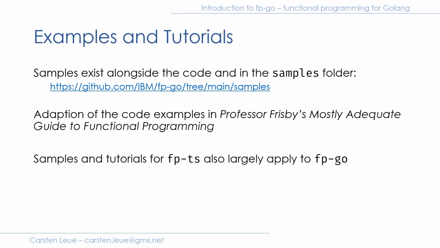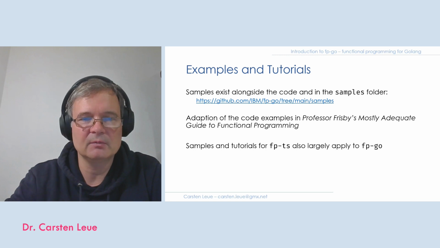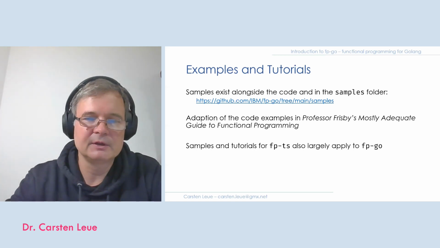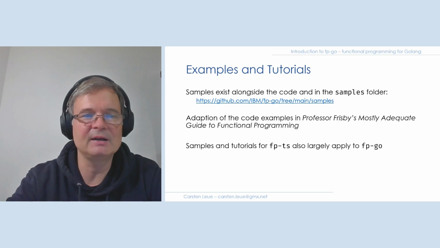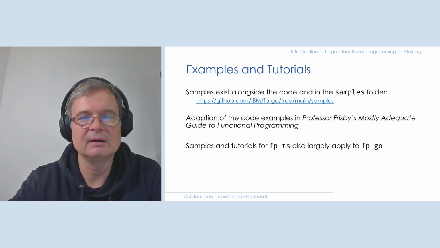This, in fact, concludes my presentation. I'm sorry for running over a bit. You can find all the examples I was showing here also in the open source project at the given link, plus many more. I've also converted the examples of Professor Frisby's Mostly Adequate Guide to Functional Programming, which is a fun read actually, to FPGO.